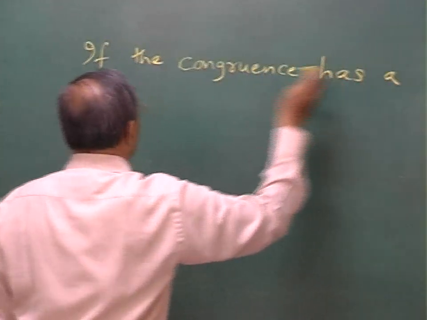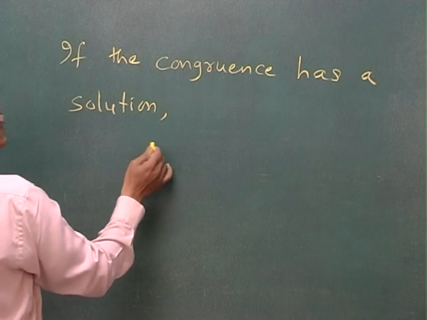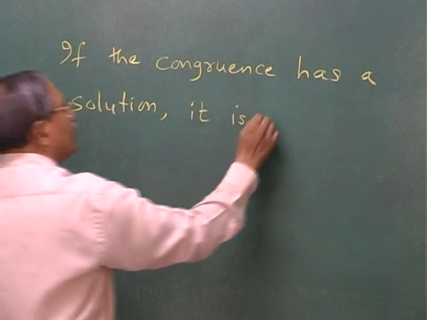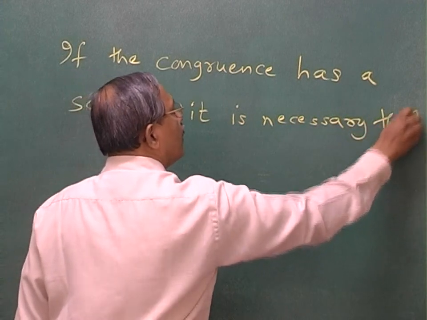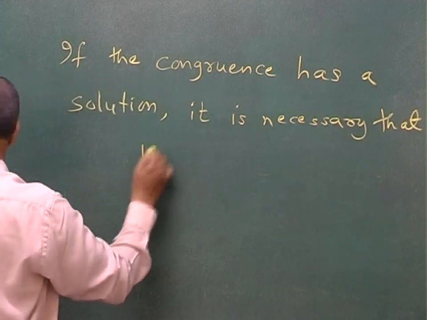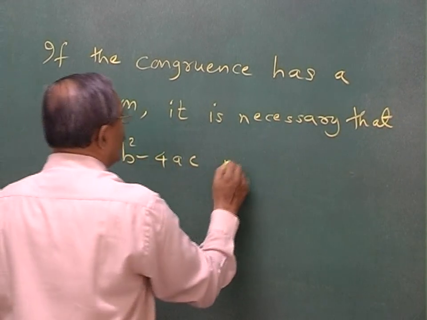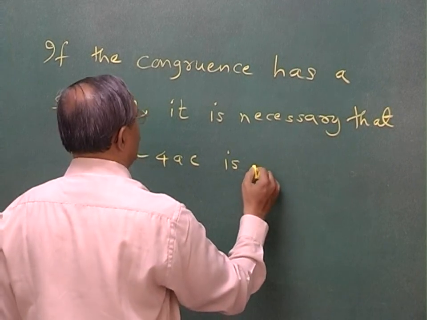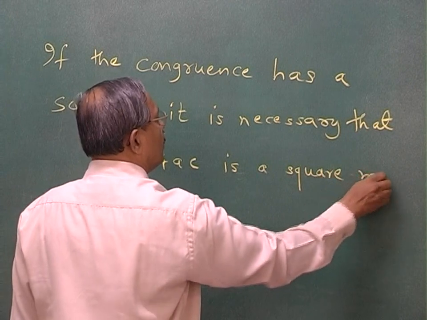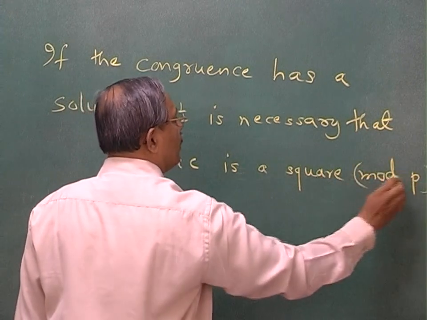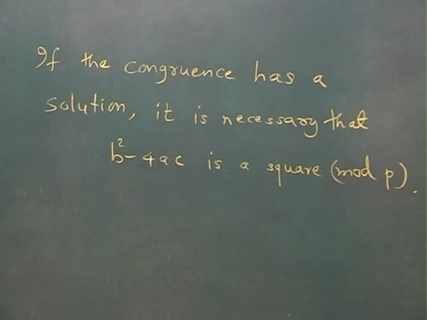It is necessary that b square minus 4ac is a square of some integer mod p.